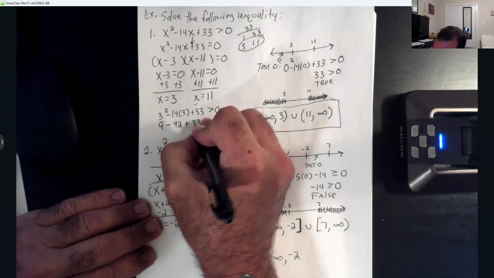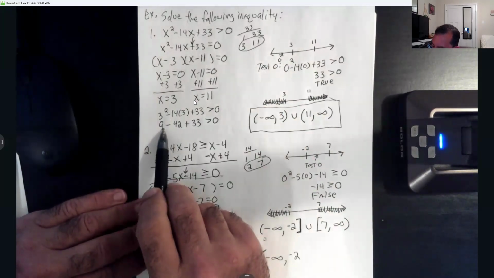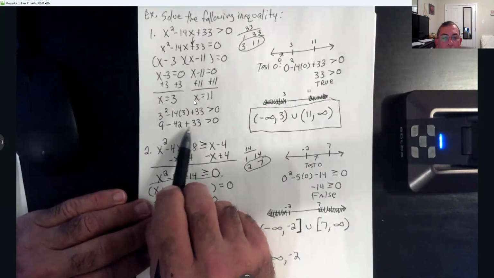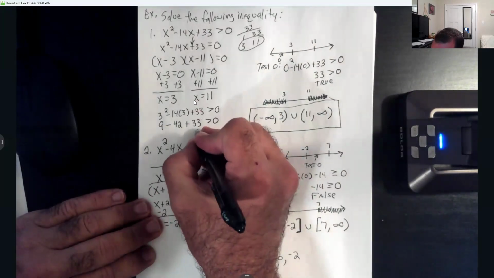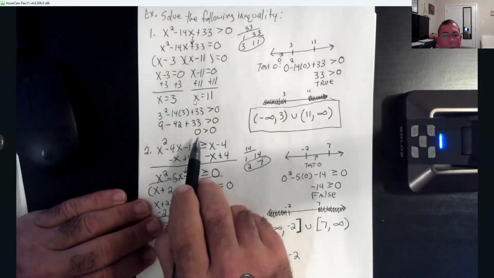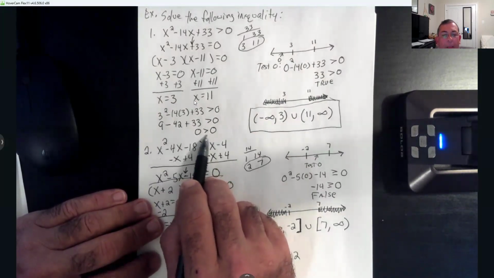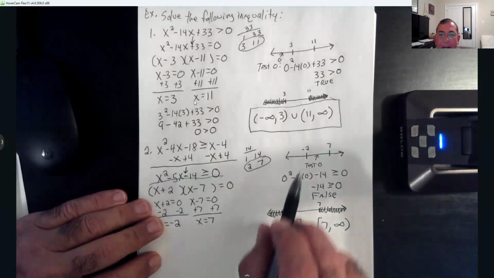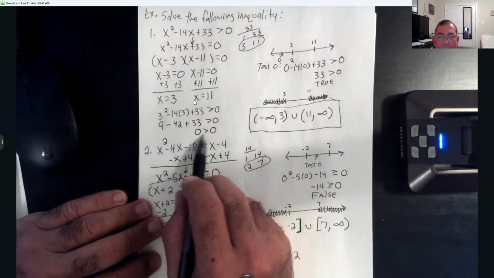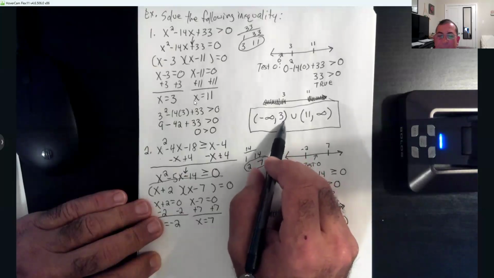Plus 33 has to be greater than 0. We all look at this. 9 minus 42 is negative 33 plus 33. So this gives me a 0 greater than 0. Well, y'all, 0 is not greater than 0. 0 is equal to 0. So since when I put that 3 in there, this didn't give me a true statement, I couldn't include 3. I had to use the parentheses.